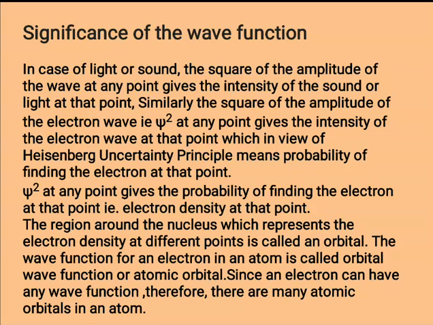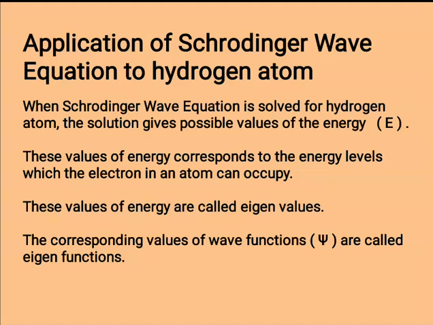The region around the nucleus, which represents the electron density at different points, is called an orbital. The wave function for an electron in an atom is called orbital wave function or simply atomic orbitals. Since an electron can have any wave function, therefore there are many atomic orbitals in an atom. Coming to applications of Schrödinger wave equation to hydrogen atom.